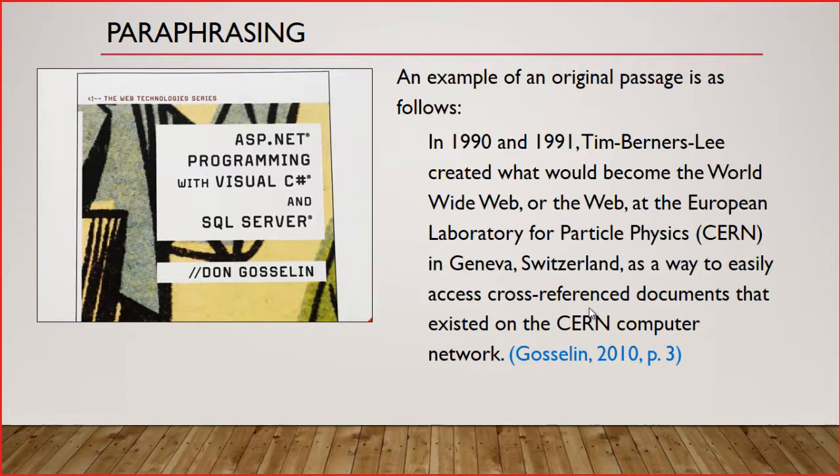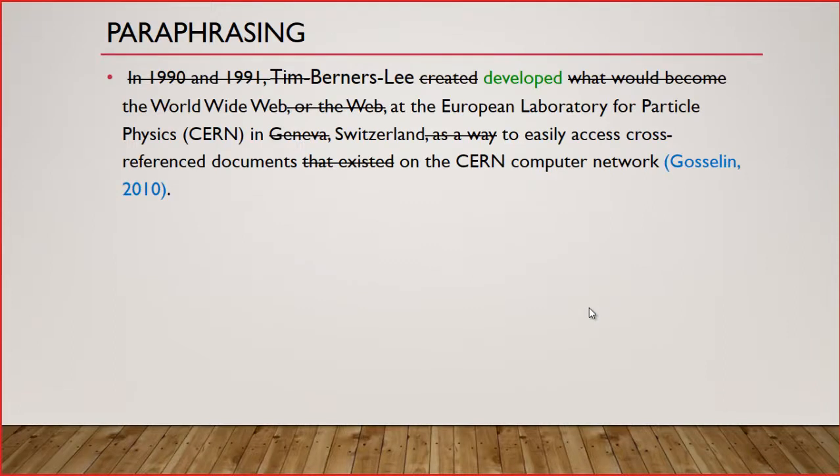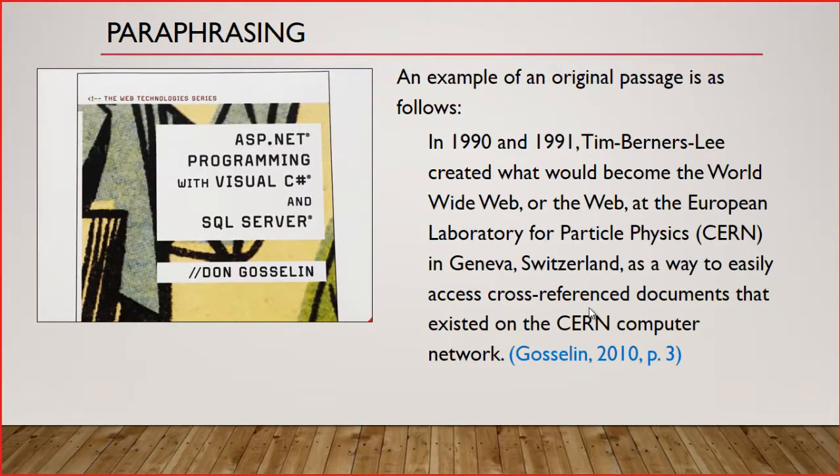Now, how do we paraphrase? Example. One way that many students do to come up with something different is this. You see that this one sentence is the same sentence from before, from in 1990 and 91 until the CERN computer network.